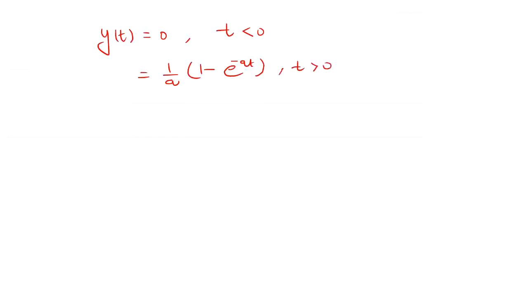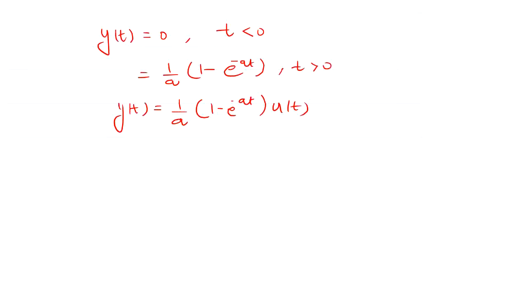If we consider the unit step function, then we can combine these two equations into a single equation. So y(t) can be written as 1 divided by alpha times 1 minus e raised to the power minus alpha t, into u(t).